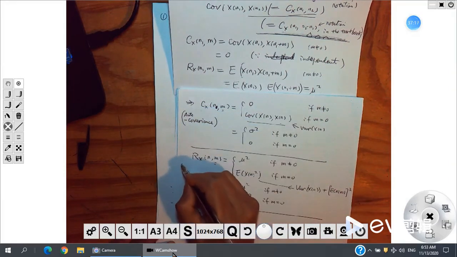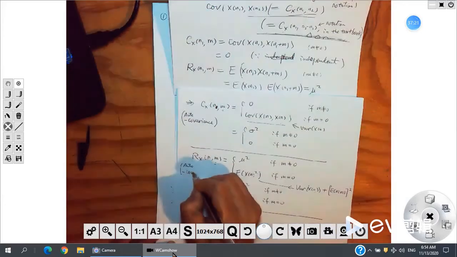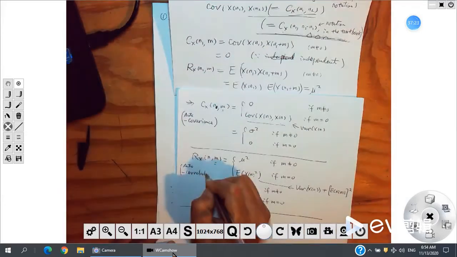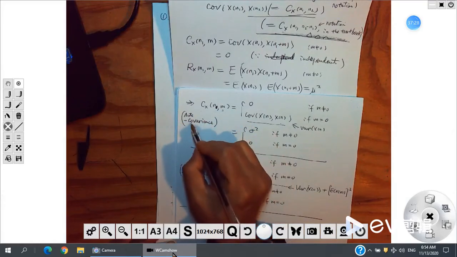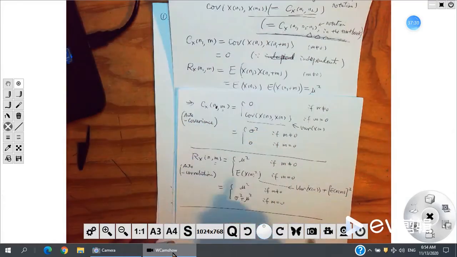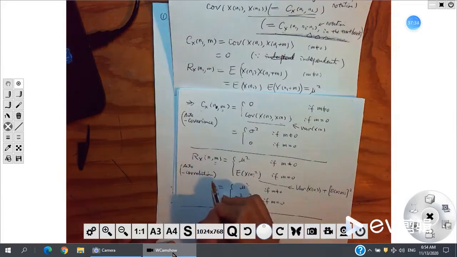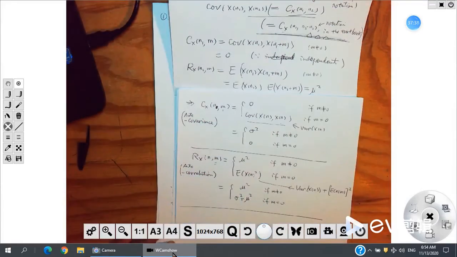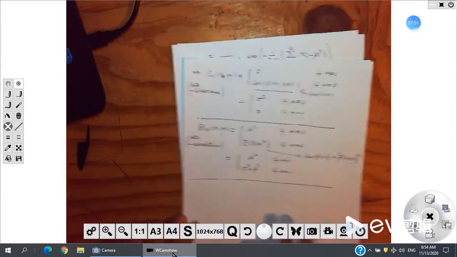And this one we call autocorrelation. This is covariance, but we have a special name just for stochastic processes. We call this autocovariance, and this is correlation, we call it autocorrelation. Okay.